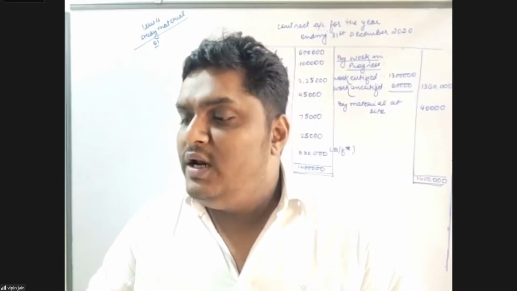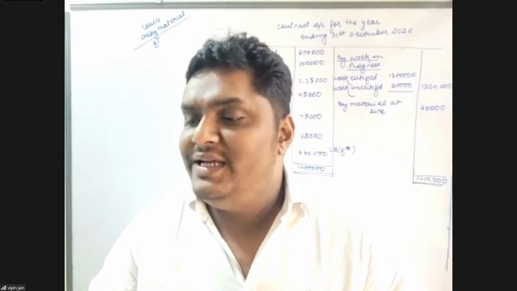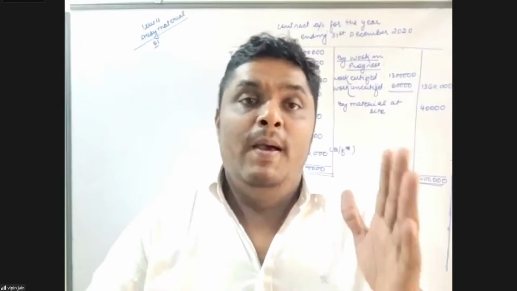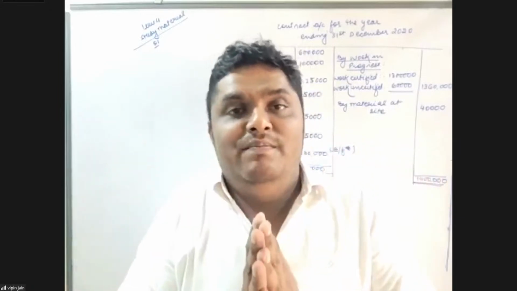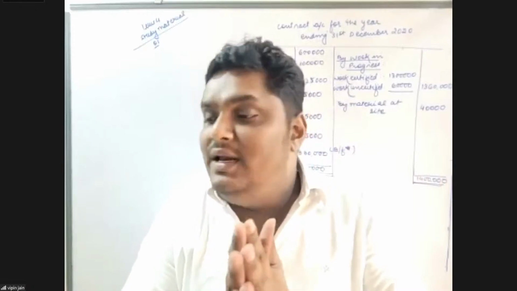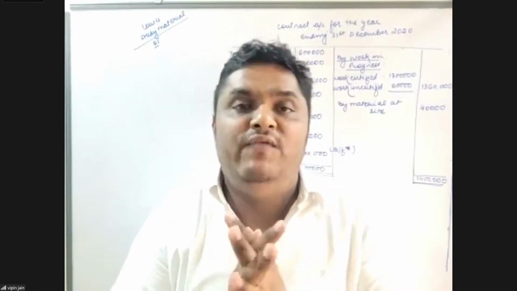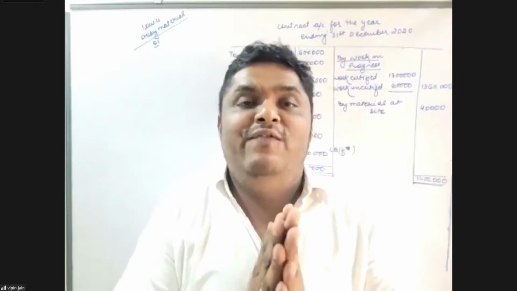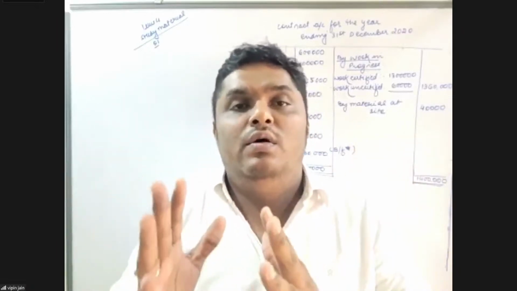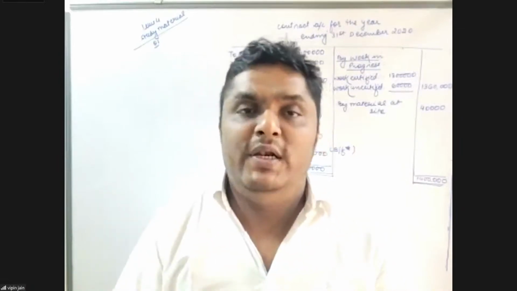So the value of work completed subsequent to the architect's certificate, but before 31st March 2021, is 60,000. That means, let's say work certified is given in the question up to 28th February. So the work certification was issued for the work completed by 28th February.